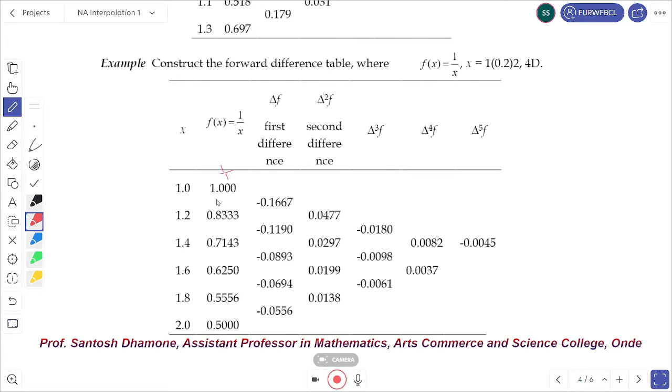Now we take 1 upon 1.2, we get 0.833. We use a scientific calculator for this calculation, and a calculator is needed for this paper, numerical analysis. I request all of you to please buy a scientific calculator and use it to check this calculation.